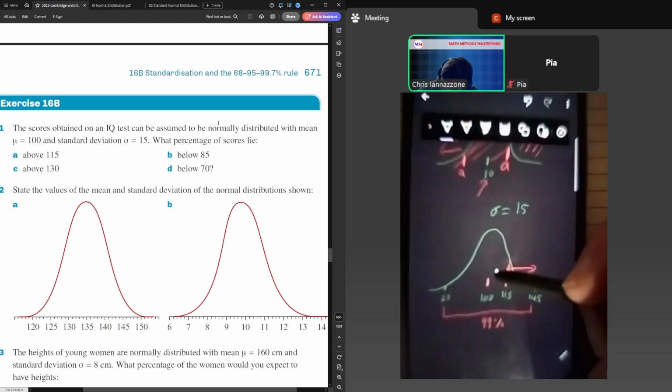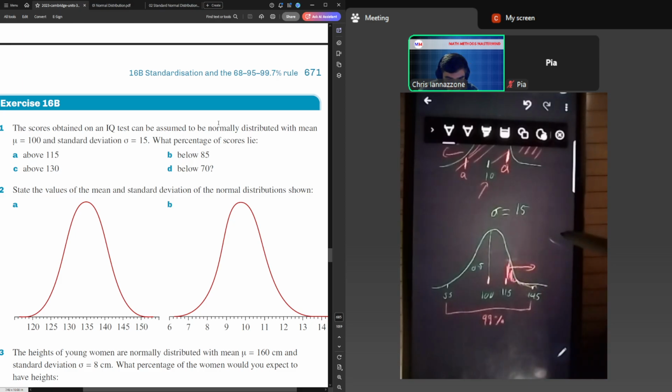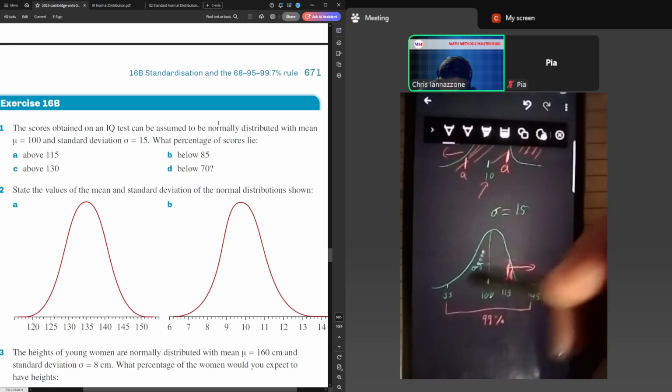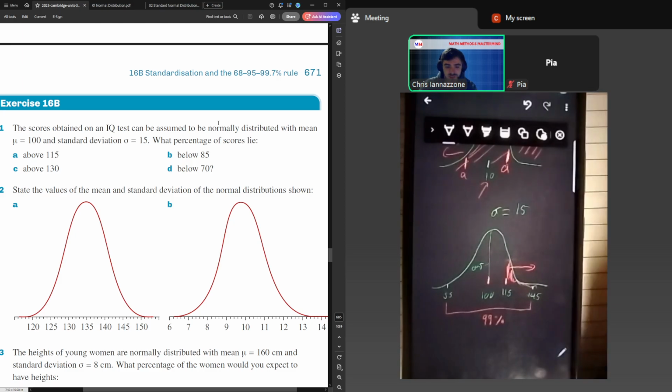So from here and left is always 0.5. So we've already accounted for 50% of the area. We just got to make up this last little section in here, and whatever's left over has to be this red spot. So one of the things you need to be able to do is figure out what 115 actually means in terms of standard deviations. How many standard deviations to the right is 115?